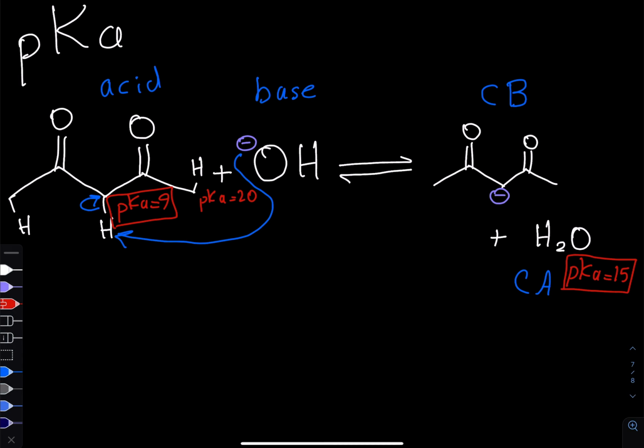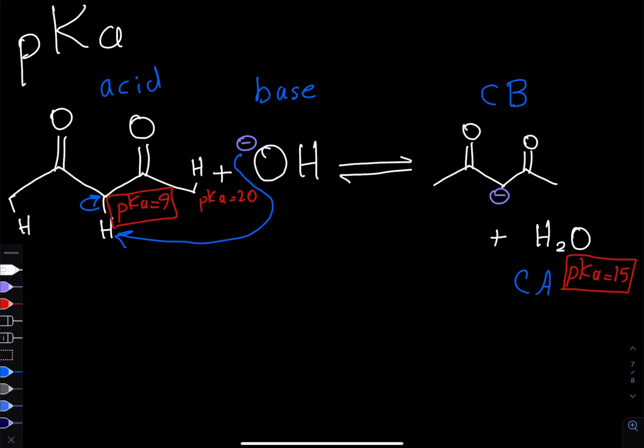So now the question is, in this equilibrium situation, would the equilibrium favor the right side, meaning the products, or would it favor the left side, the reactants? So the way we can answer that is a general rule you can just memorize. It's always going to go toward the higher pKa value.